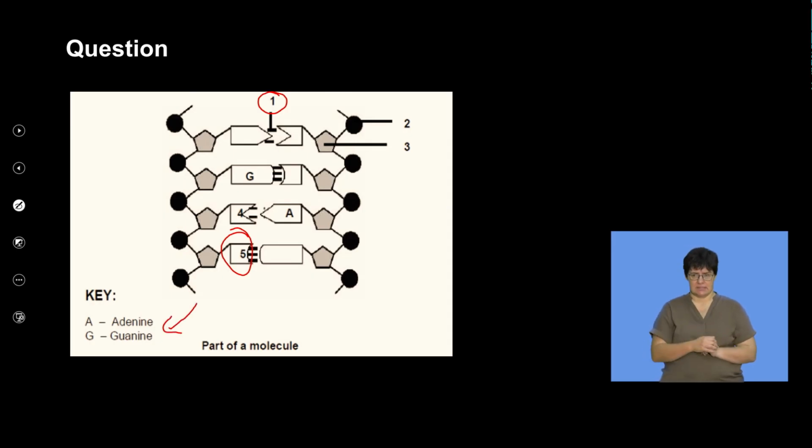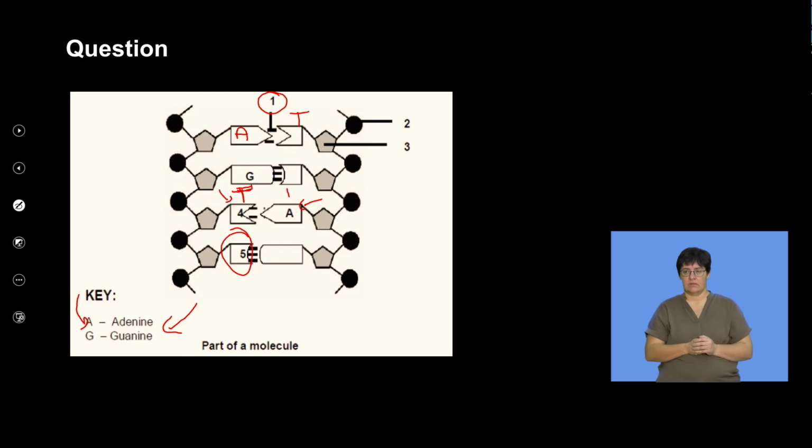If we go to the key, we know that A represents adenine. So if we look at adenine, which is clearly indicated at this position, it would mean that number 4 would be thymine. Okay? Using that, wherever you see that, there's going to be a thymine there, and that's going to be an adenine based on its shape being similar to this base here.